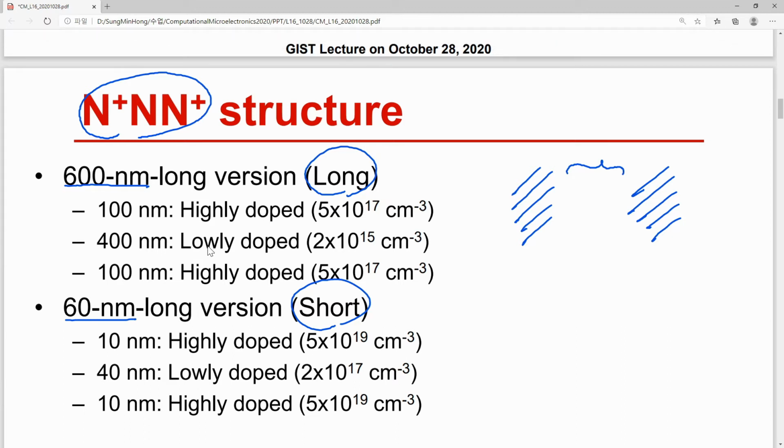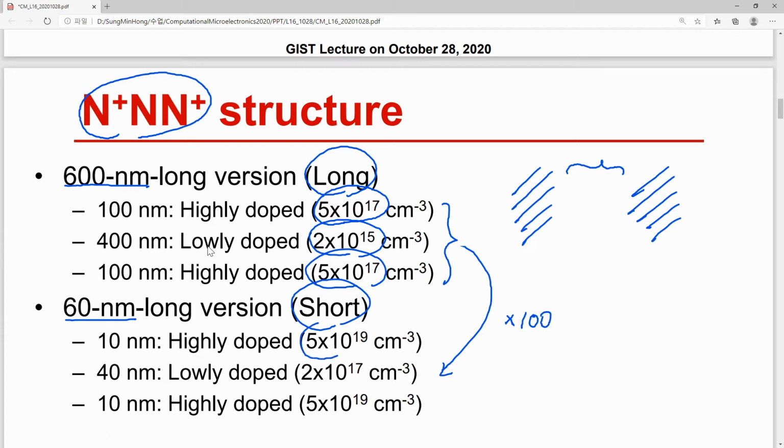And here we have doping densities for the highly doped region and lowly doped region, and they are just multiplied by a factor of 100 in the 6 nanometer long version, the short device.